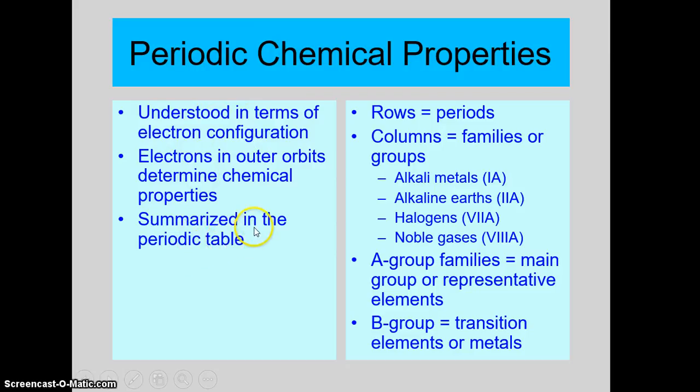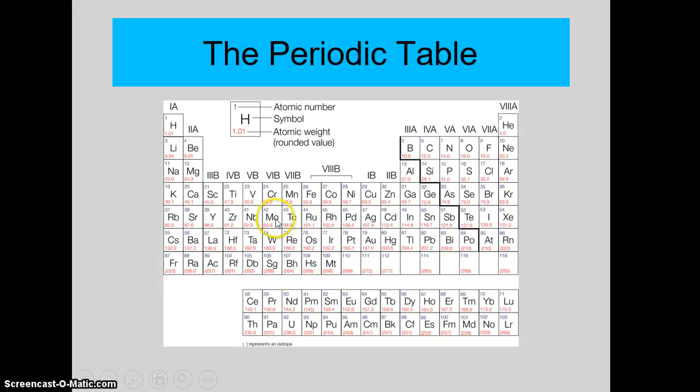So understand that. This thing called the periodic table, let's go to it. So here we go. Notice there are rows, which are also known as periods, and there are columns. The columns are very important because the elements in each column are similar to each other.